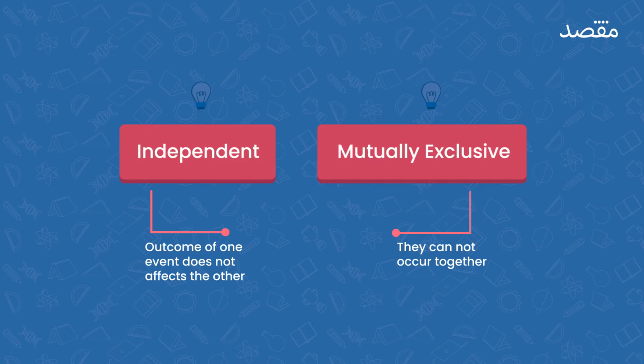If one event occurs, the other just cannot occur. So yes, an event cannot be independent and mutually exclusive at the same time. क्योंकि अगर वो independent हैं, they may not occur together. और अगर वो mutually exclusive हैं, so one event will be dependent on the other. That is, if one occurs, the other one will not occur.